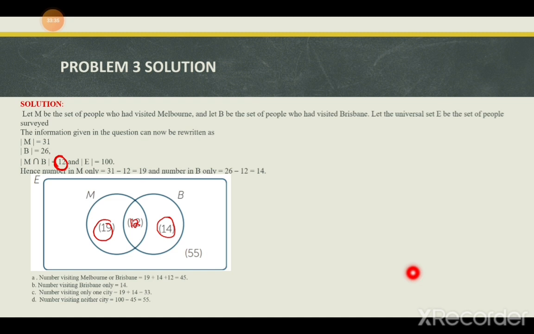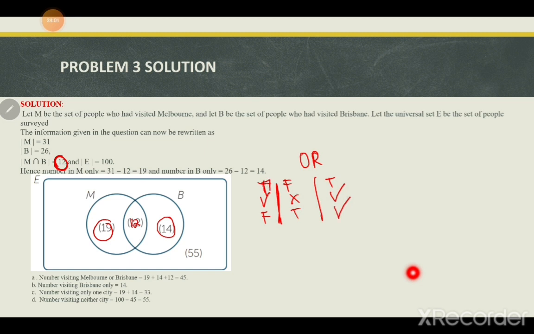Or pag kinuha natin yung logical meaning, true and false, pag or gate yan, if true and false yung isa, true pa rin yan, tama? If false yung isa, and then true yung isa, true pa rin yan, tama?